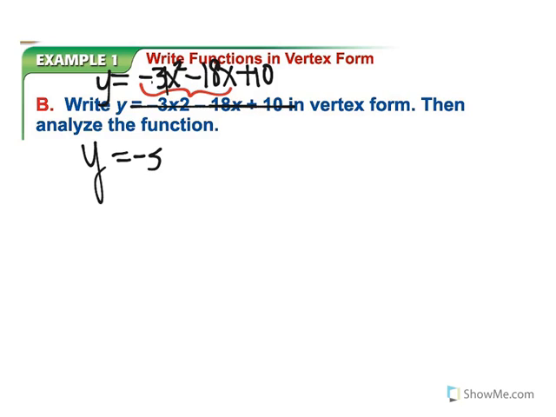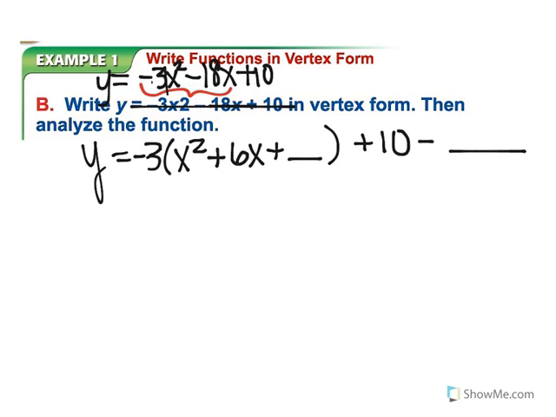So if I factor out a -3, I'm left with x squared plus 6x, and I'm going to put a plus blank here and close my parenthesis because here in a minute I'm going to actually complete the square. And then I'm going to put plus 10 out to the side. And then minus blank.